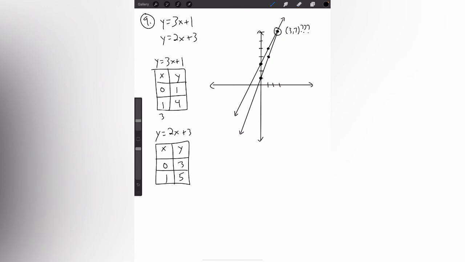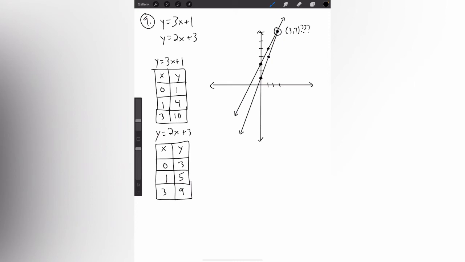Let's go ahead and try that value down here. And let's try this value down here and let's see what we get. All right, so 3 times 3 is 9, plus 1 is 10, okay? And then in this case, we have 2 times 3 is 6. 6 plus 3 is 9, okay?